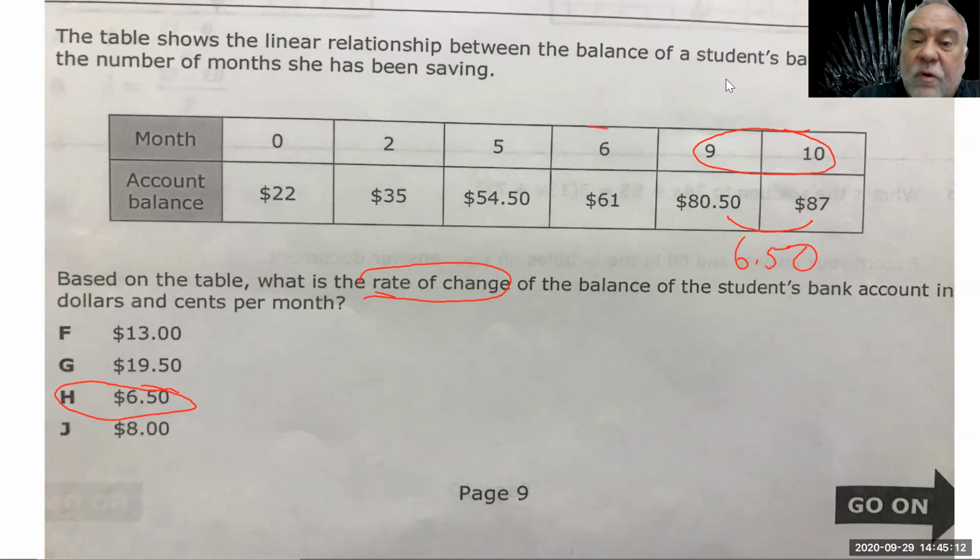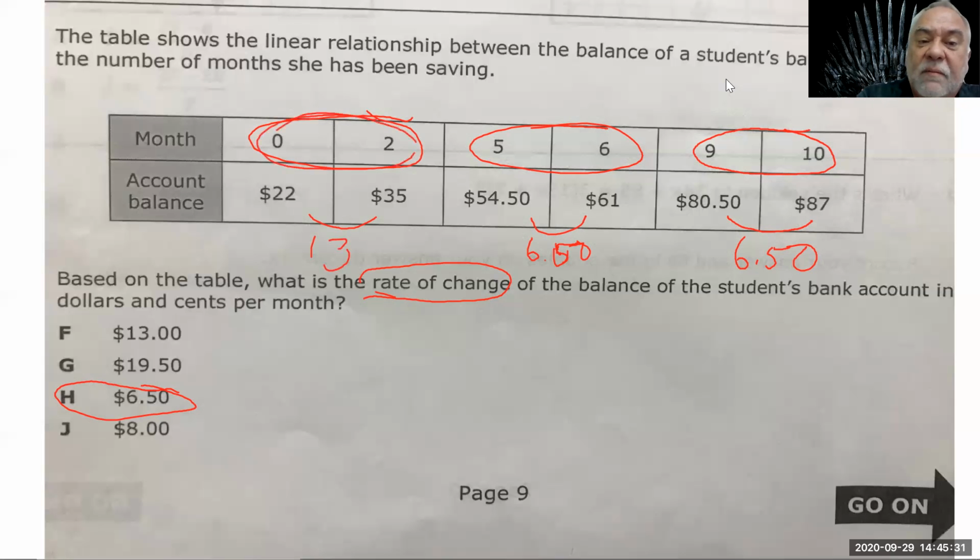Here's another case where the separation is 1. 61 minus 54.50, still 6.50. If you pick the first 2 points, you still get the same answer. 35 minus 22 is 13, but now you have to divide 13 by 2 minus 0, by 2. 13 divided by 2 is still 6.50.